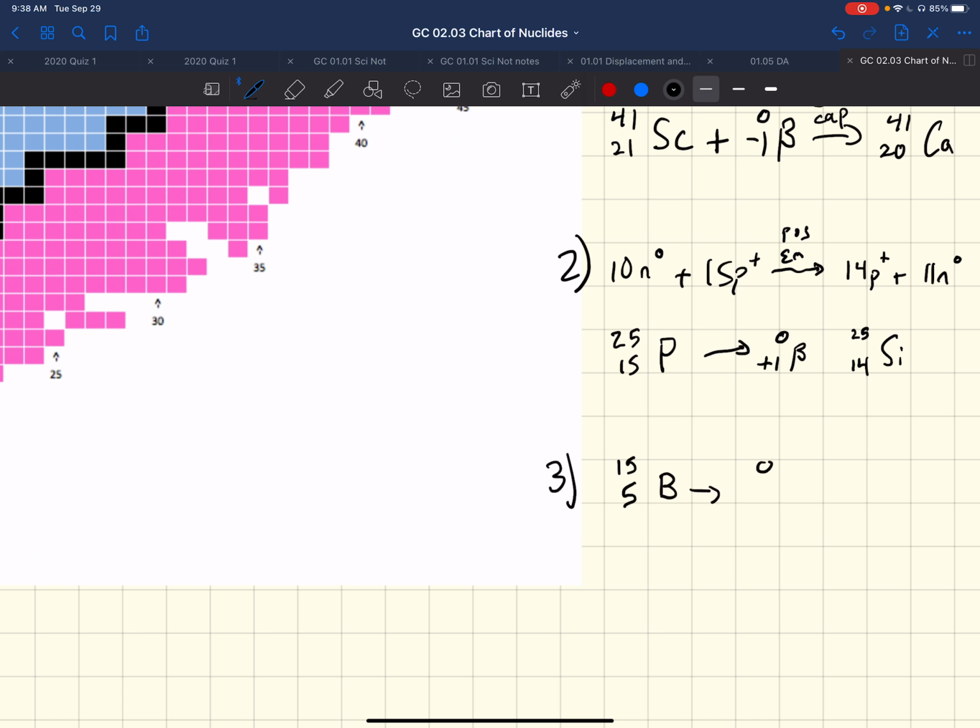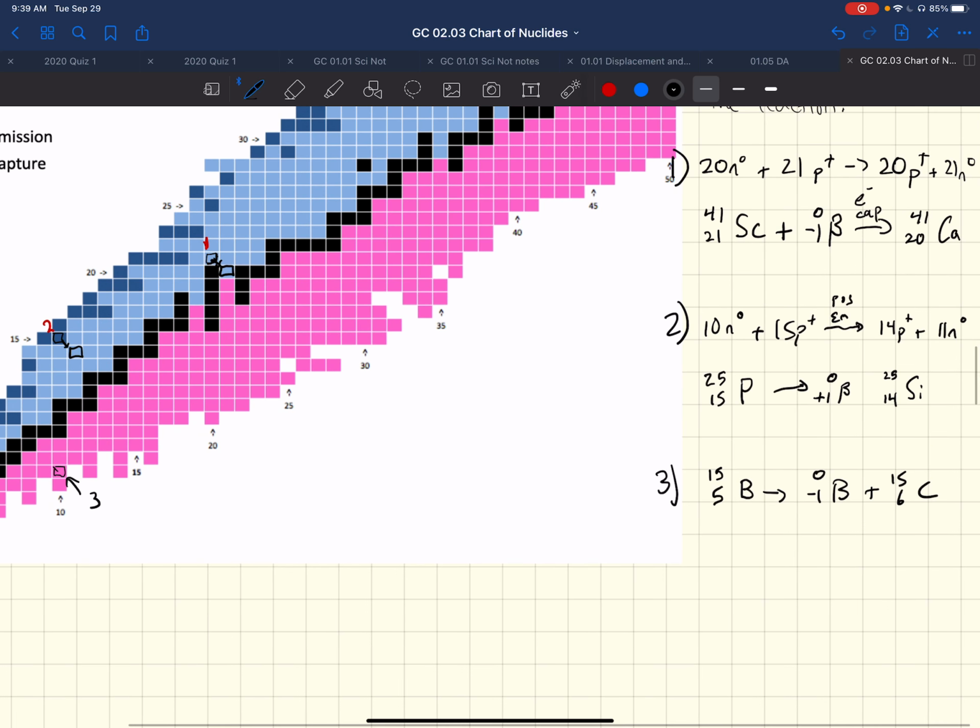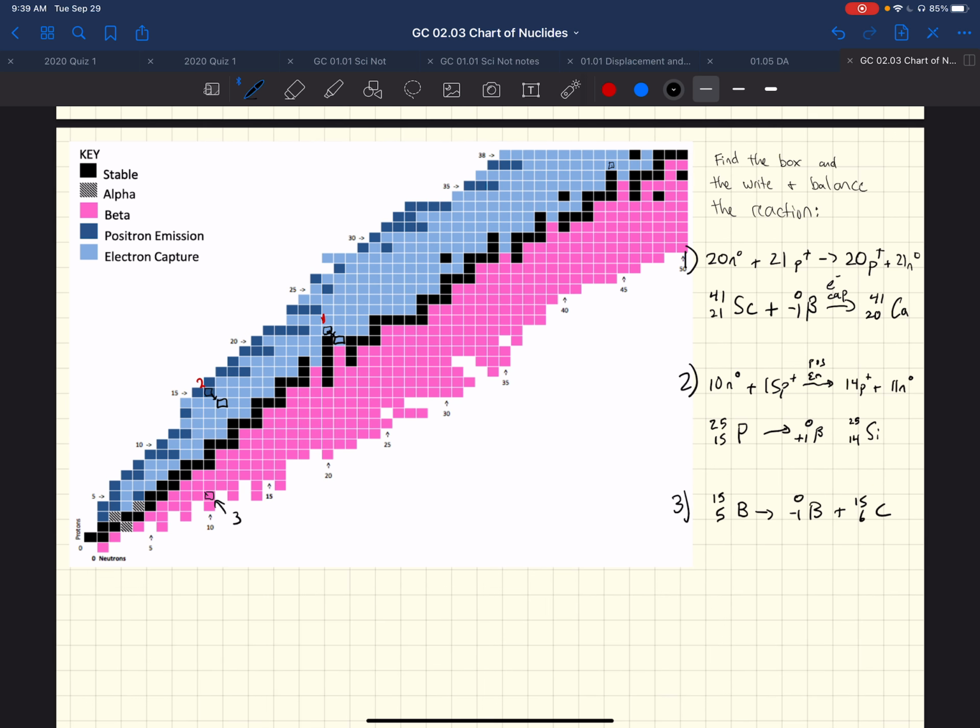And that's going to undergo beta decay to a carbon. And that's how you write these equations out.